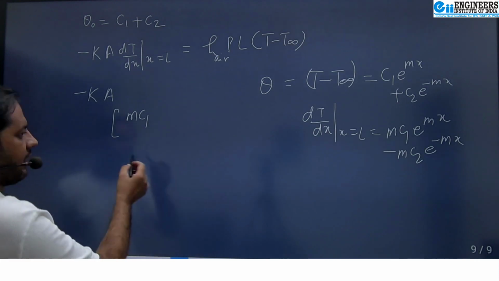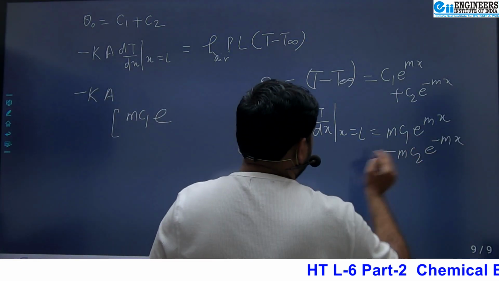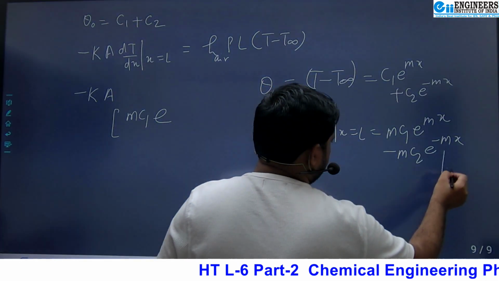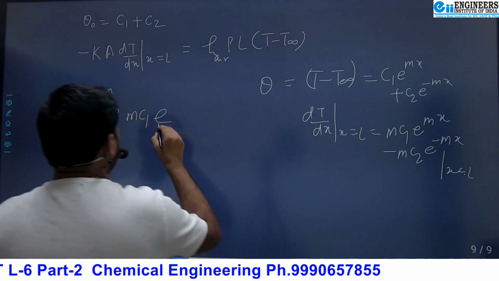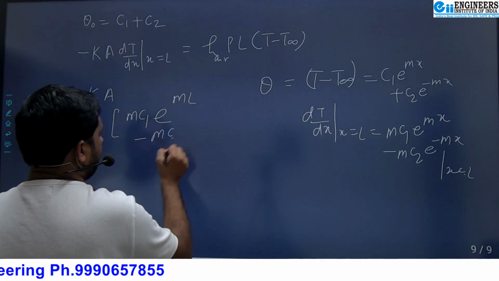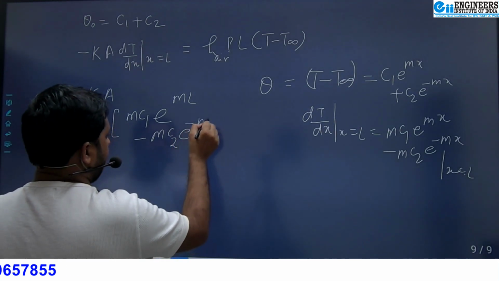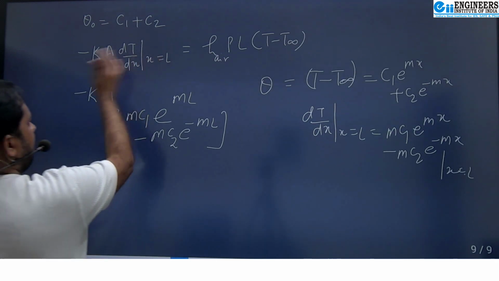But for this condition at x equal to L, you can directly put x equal to L here. So if you put x equal to L here, you get m C1 e power ml minus m C2 e power minus ml, into k. This is our left side.